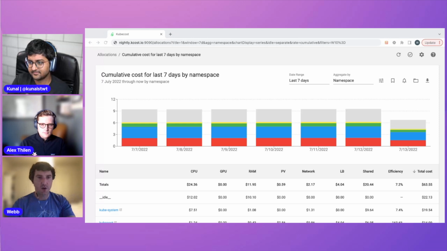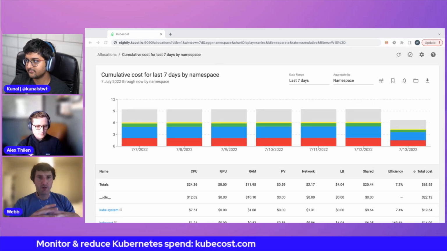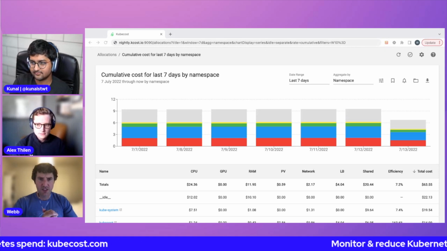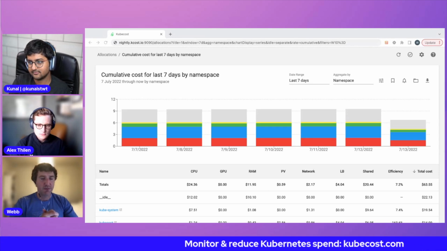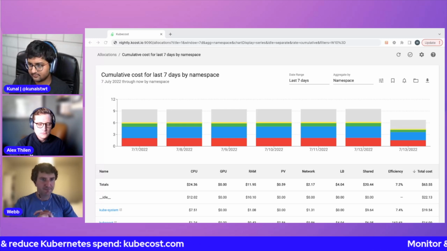So we're just in a simple environment where we have a handful of workloads deployed, I believe this is still just a single cluster. And we're going to start by looking at cost by namespace, because that is a really common way for teams to organize applications, right?